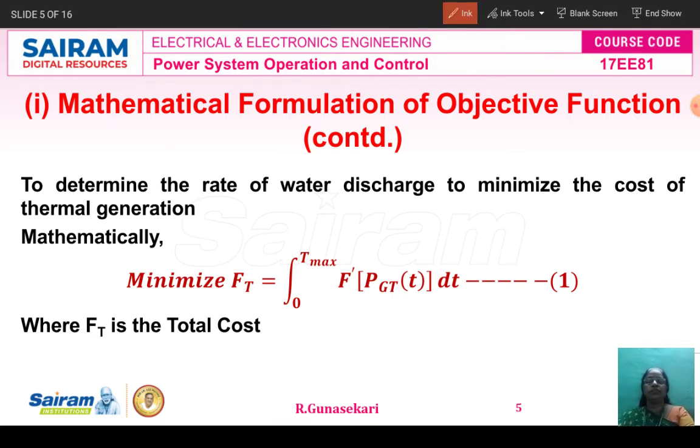The equation: minimize Ft, where Ft is the fuel cost, equal to the integral from 0 to T max, the time period, of F dash of Pgt, the thermal power generation with respect to time T, into dt. This is equation number 1. In the formula, Ft is the total fuel cost of the thermal power plant.